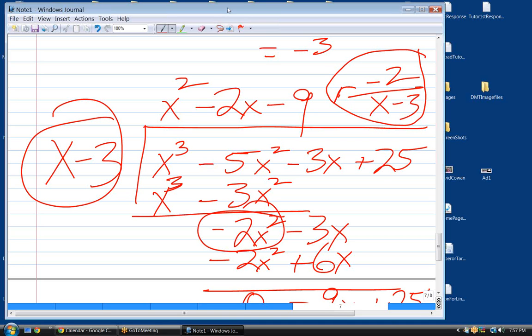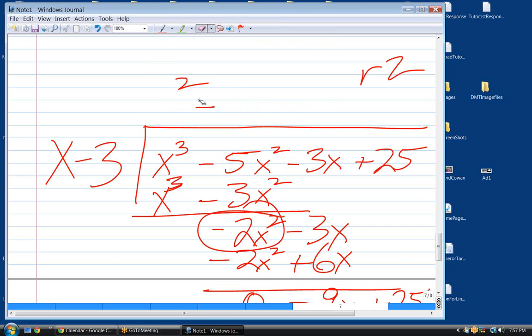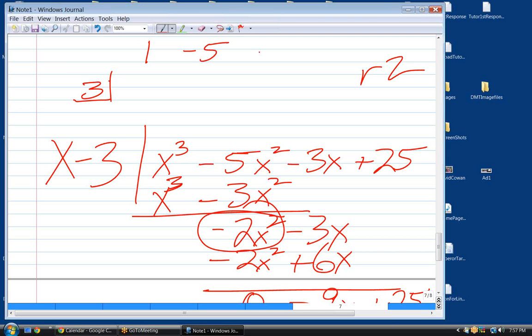Okay. All right, now let's see why synthetic division works. Remainder of minus 2. Okay? Synthetic division takes the 3 and divides it into the coefficients only.